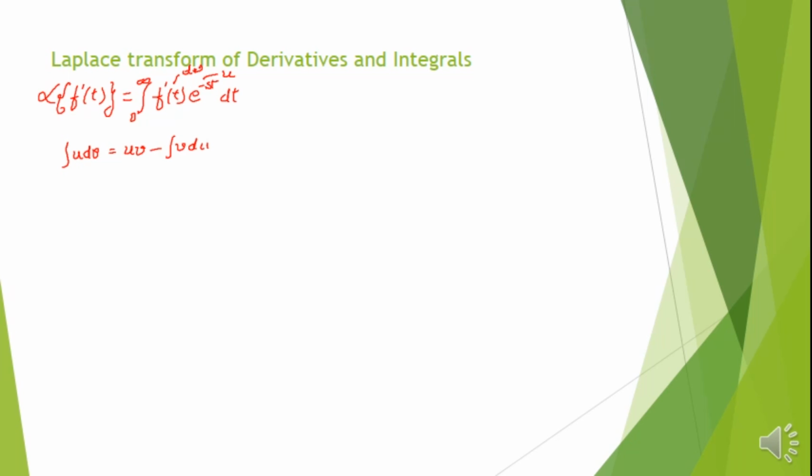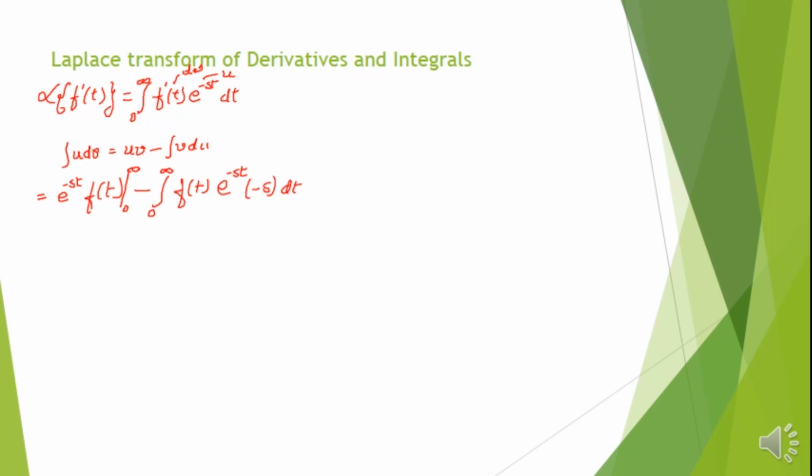Now if I apply this formula to this, what will happen? u is e to the power minus st, into integration of dv, f dash of t, that means f of t, minus, this is in the limit 0 to infinity, and this is yet to calculate, so integral 0 to infinity of v, means f of t, into du, differentiation of e to the power minus st, that is e to the power minus st into minus s dt.